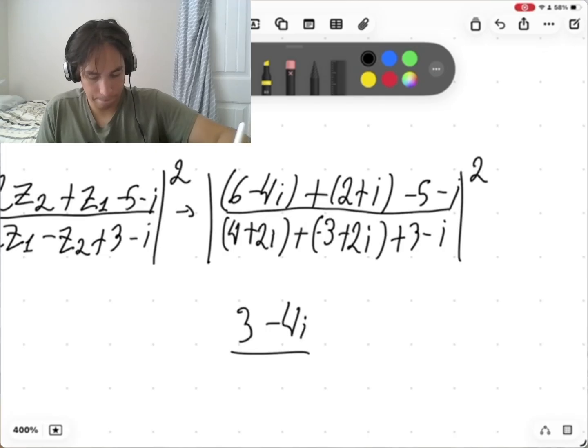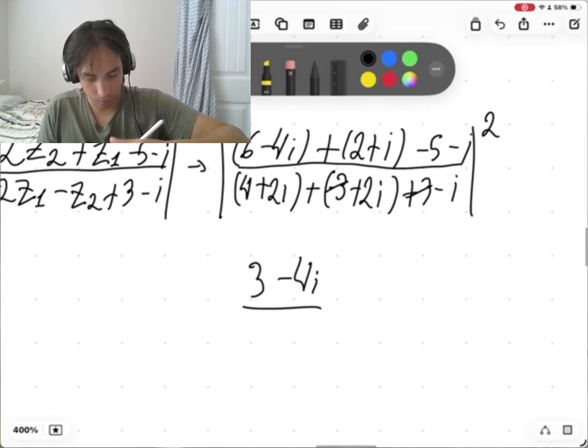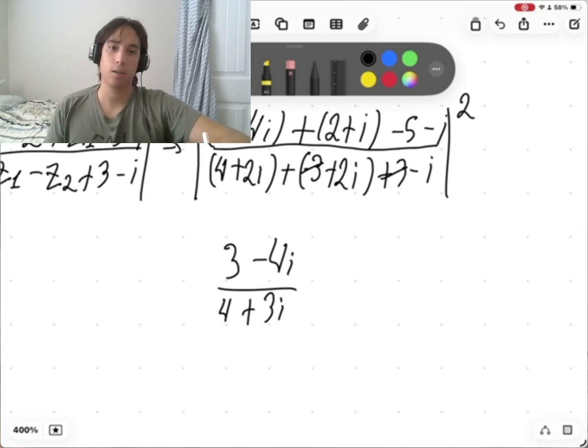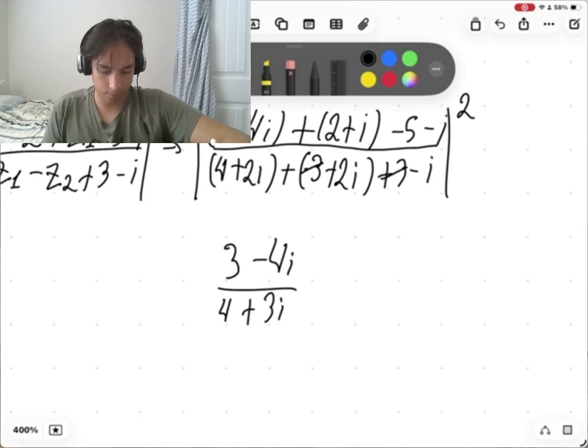So this is going to cancel out. So this is going to be 4: 2 and 2 is 4, minus 1 is 3, plus 3i. 3 minus 4i divided by 4 plus 3i.